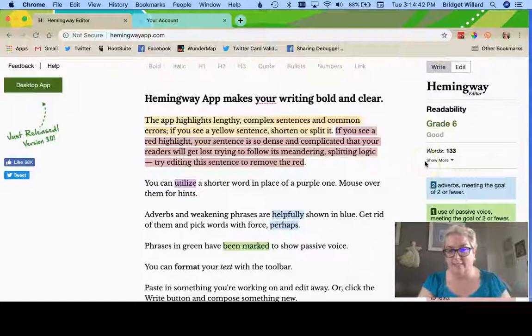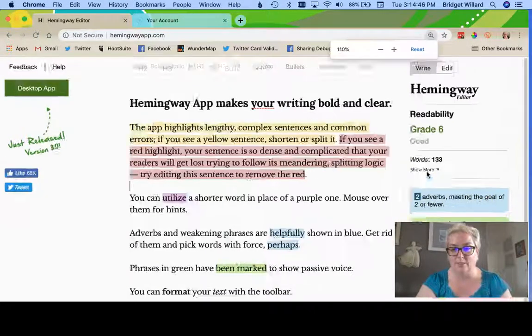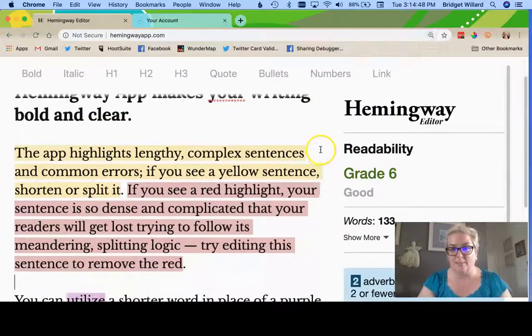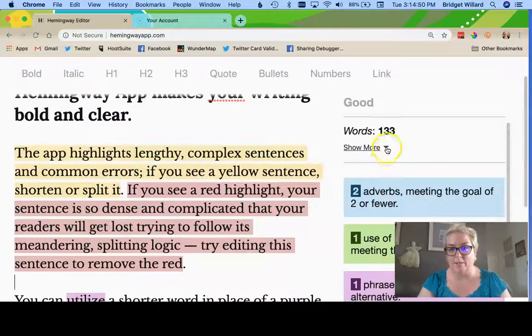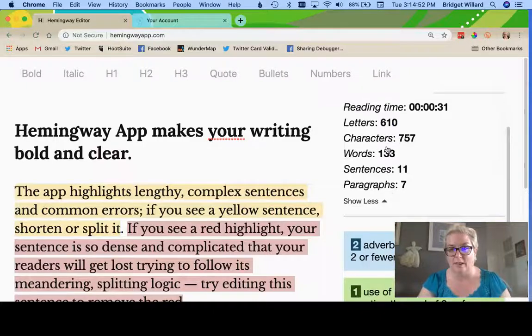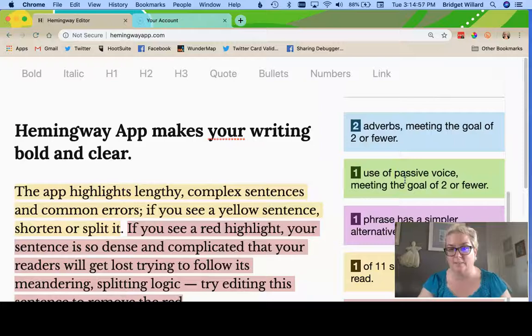It will say, oh, here's adverbs, this is really confusing. It talks about the readability, how many words. It'll tell you how long it takes to read it, the letters, the characters, the sentences. It'll say how many adverbs you have, the use of passive voice, simpler alternatives, that kind of thing.